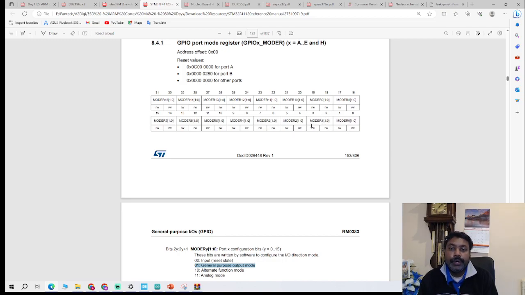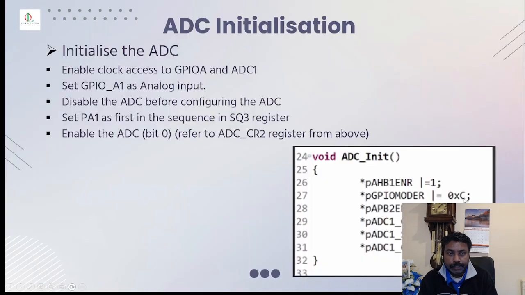You need to set this as analog, so 1 is analog mode. So if you set bit 3 and bit 2 as 1 and you set the other as 0, then it reads as C. That's what's explained in the initialization steps. So you need to set that as C.